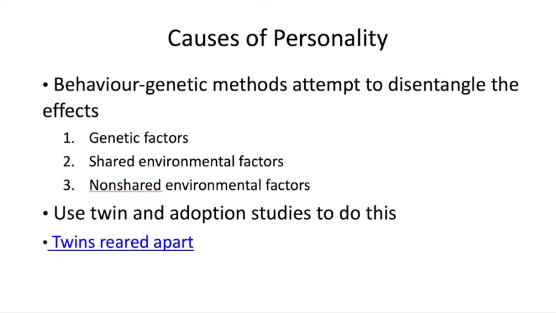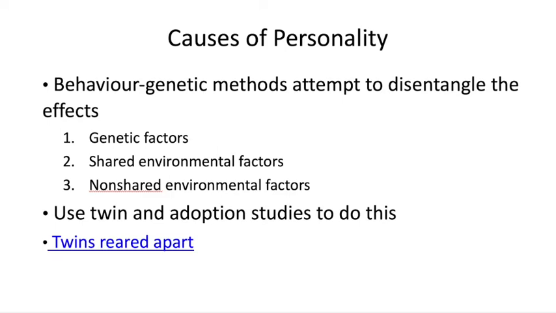Finally, there are non-shared environmental influences, which are unique environmental influences impacting two genetically related people. I'll give you an example of what that might look like. Let's say one of two siblings had a very close friendship during adolescence that protected them from getting social anxiety, while the other sibling shares the same gene for developing social anxiety.